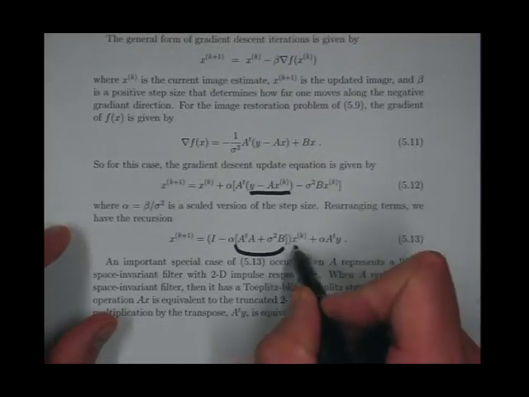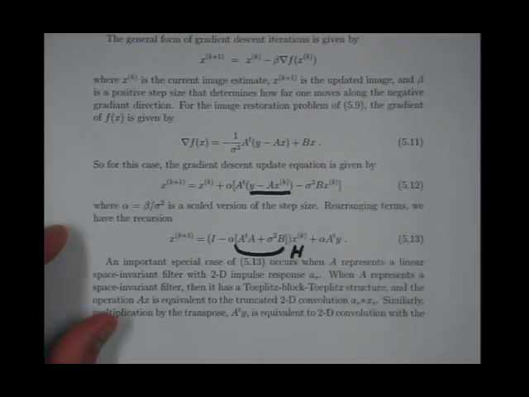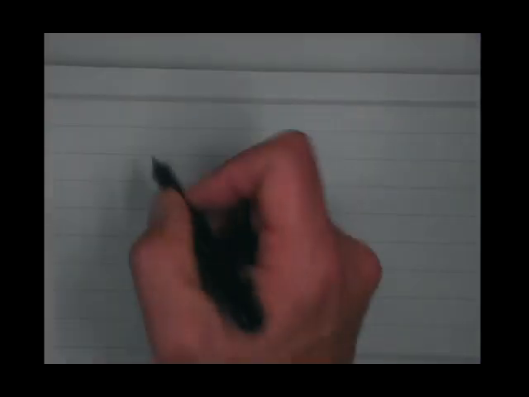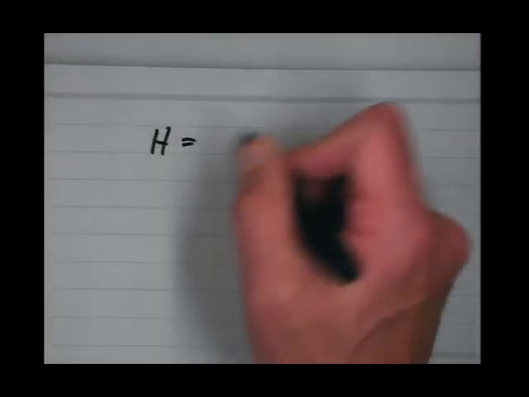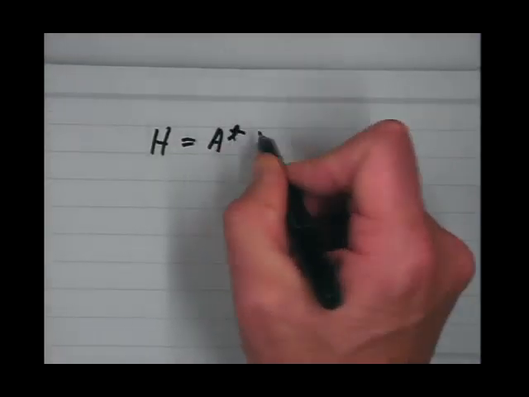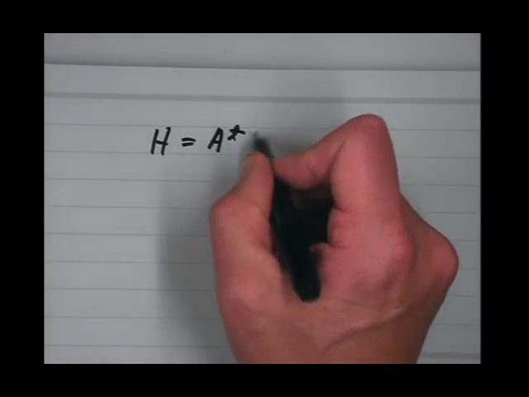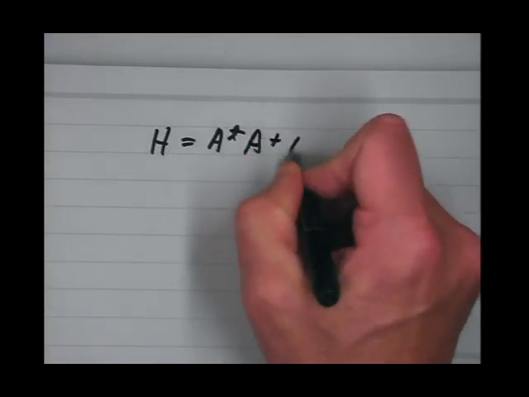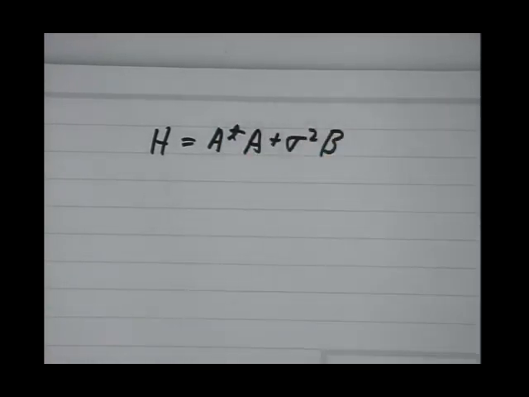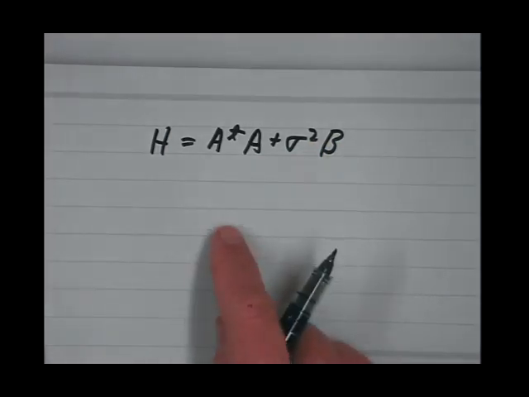So I'll write it as H, okay? It's a constant matrix. So we have that H is equal to A transpose A plus sigma squared B. H is a symmetric positive definite matrix, right?